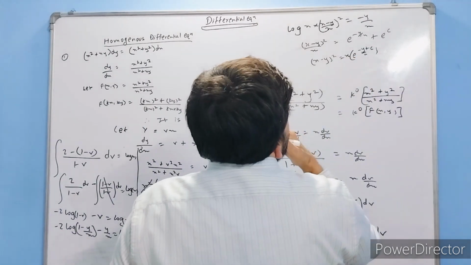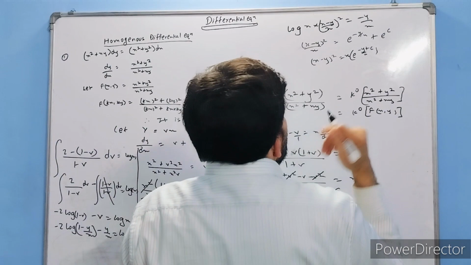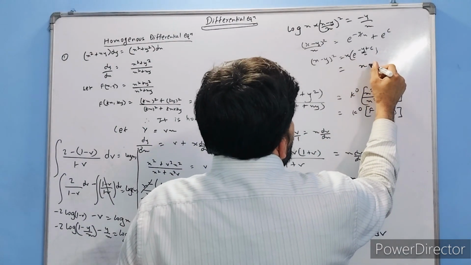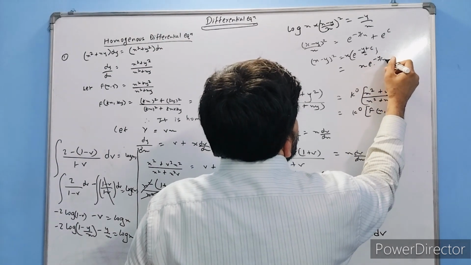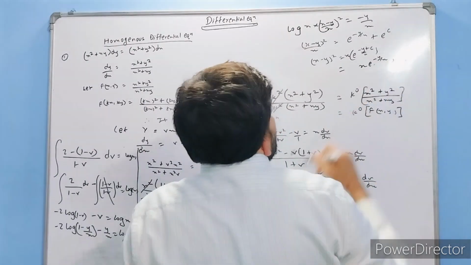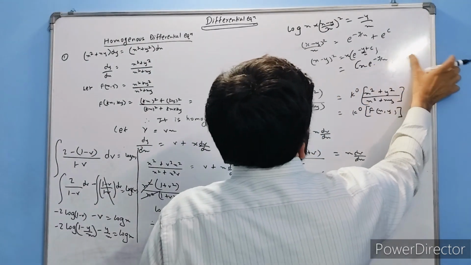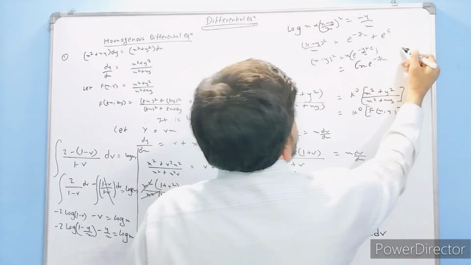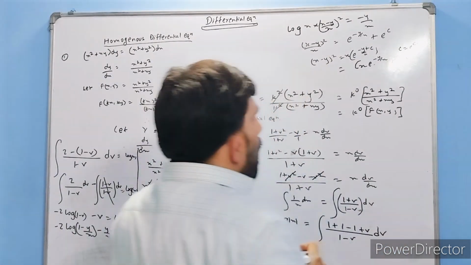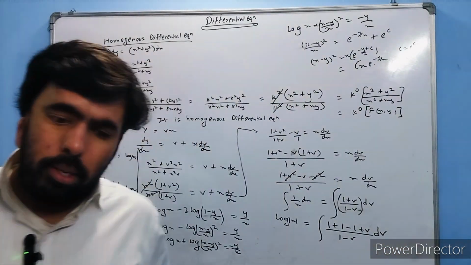So we can put it like this: x into e raised to the power minus y upon x, and this we can consider as plus c. Or I can take c like this, and c is e raised to the power. So that is how we can easily solve such kind of numerical.